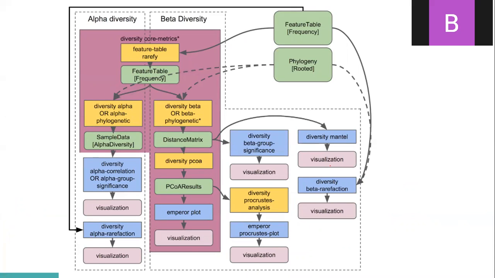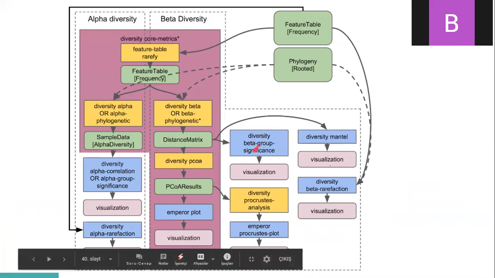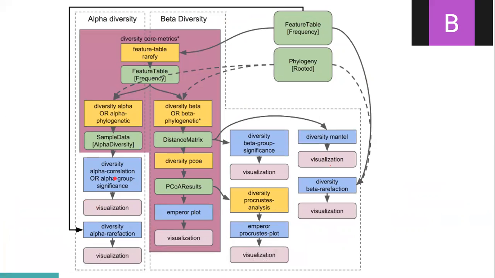And in this figure, the pipeline for the alpha and beta diversity can be seen. What has been done is basically the pipeline is followed and the experimental values have been obtained. And in this figure, by the way, the beta group significance and alpha correlation have also been done in my report in another experiment in order to correlate the metadata columns of the samples, whether they are related or not, how much related they are to each other.